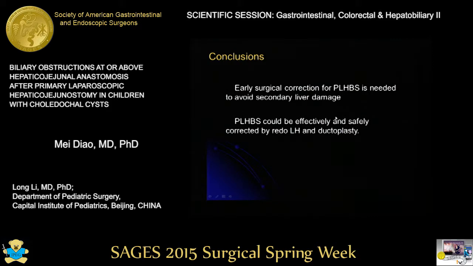Early surgical correction of the stenosis is needed to avoid secondary liver damage. This complication can be effectively and safely corrected by redo laparoscopic hepaticojejunostomy and ductoplasty, because the adhesion was minor after primary laparoscopic hepaticojejunostomy. Thank you for your attention.